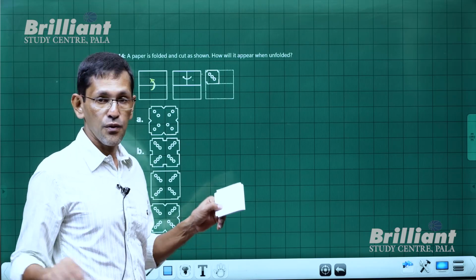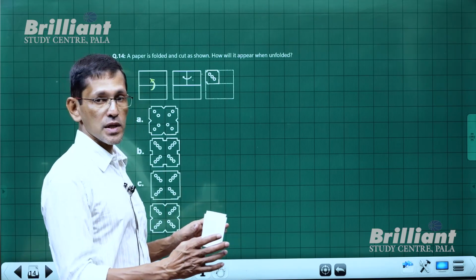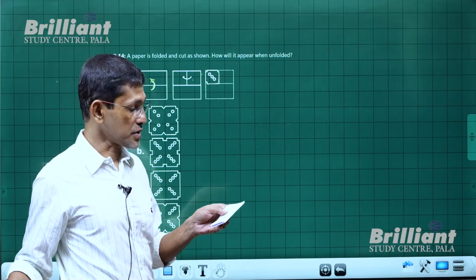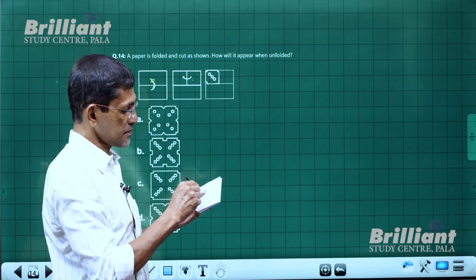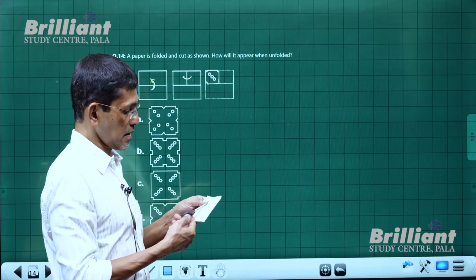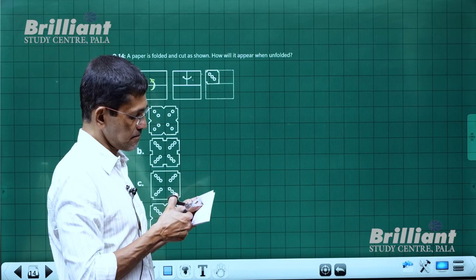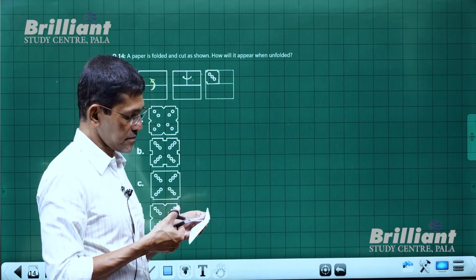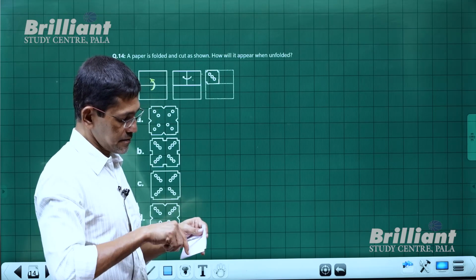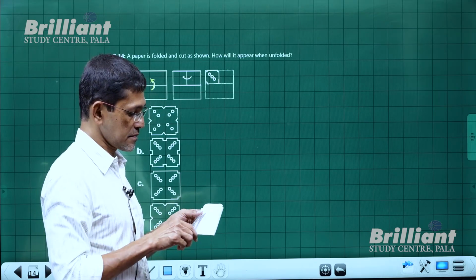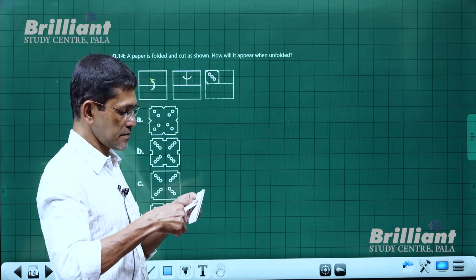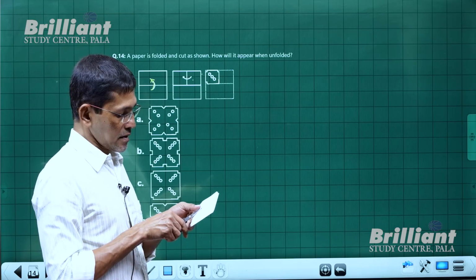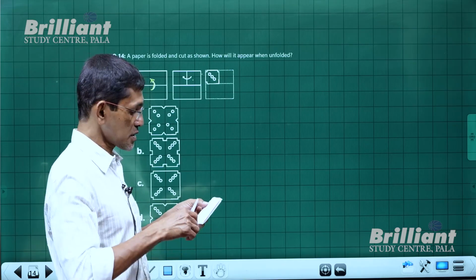Now, when we open it, what kind of a shape can you expect? Well, we need to have some holes on this, right? 3 holes. Actually, we have round holes in this picture.